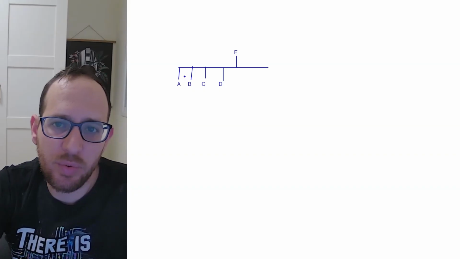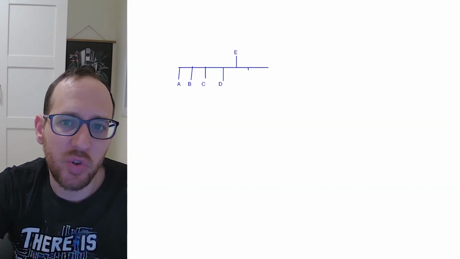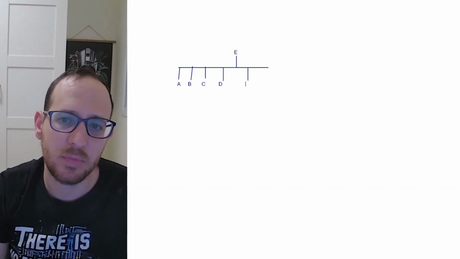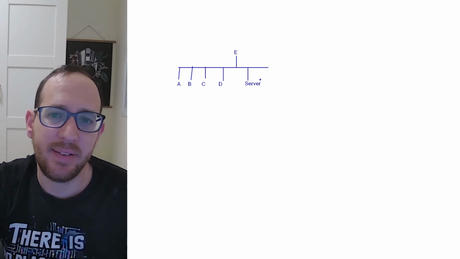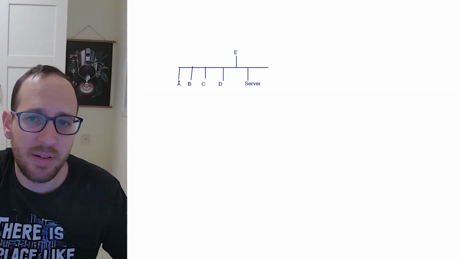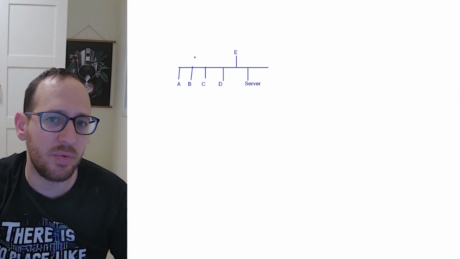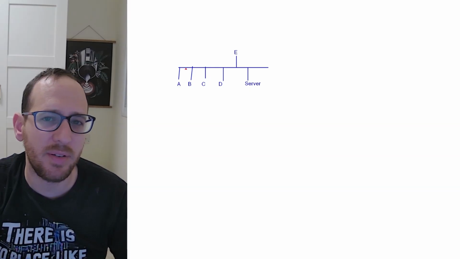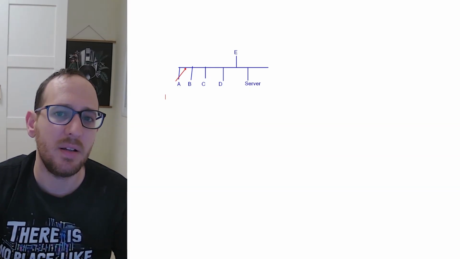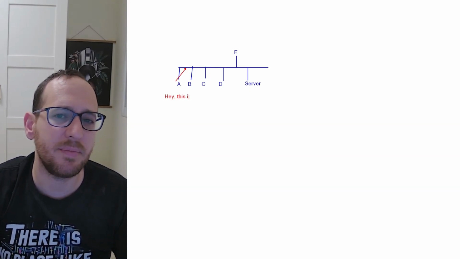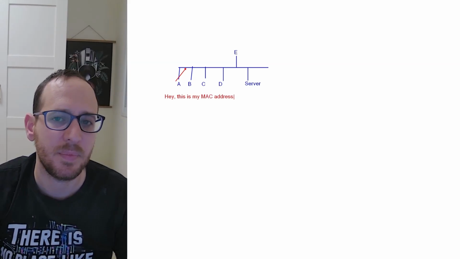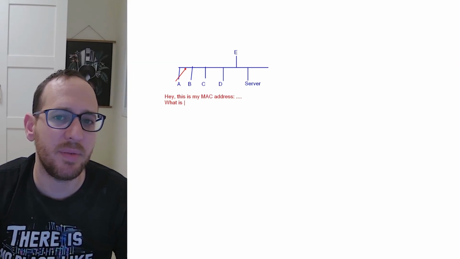So one way to do that is to have some kind of server here. And when A, say, boots for the first time and it needs an IP address, it sends a broadcast message. So broadcast to all machines here saying, hey, this is my MAC address. What is my IP address?